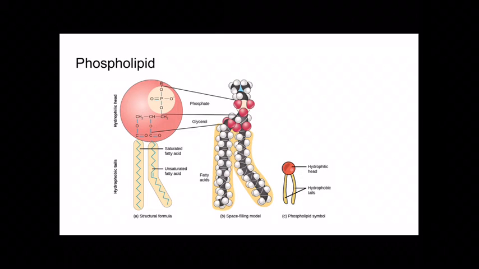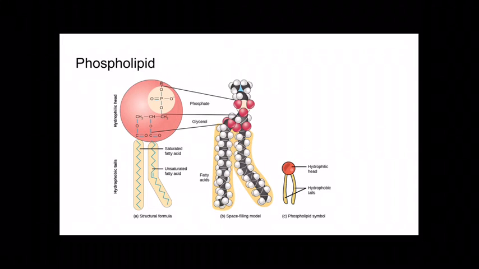The hydrophilic head is the part with the polar aspect to it that can interact with water. And then the hydrophobic tails, they're hydrophobic because they're fatty acids, and we know that fats stay away from water whenever they can. They don't like to hang out in water. So they're hydrophobic, the head is hydrophilic, and that's what a phospholipid looks like.